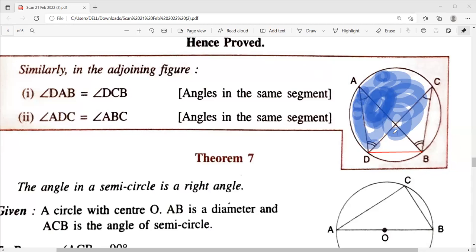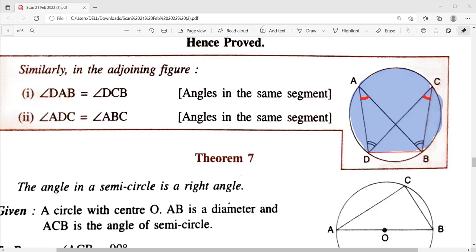Now all the angles in this segment will be equal to each other. Remember this. These all angles will be equal. It means that this angle and this angle are equal.